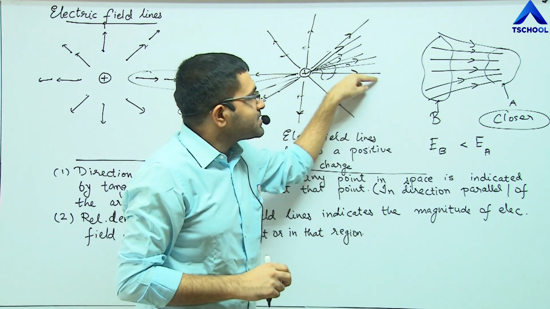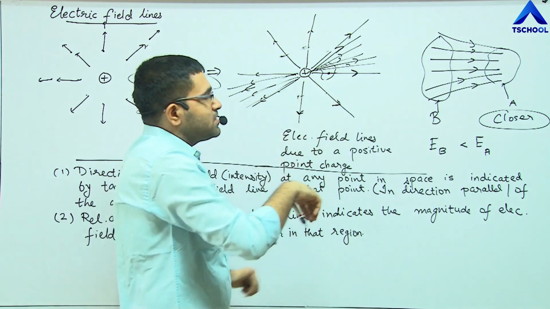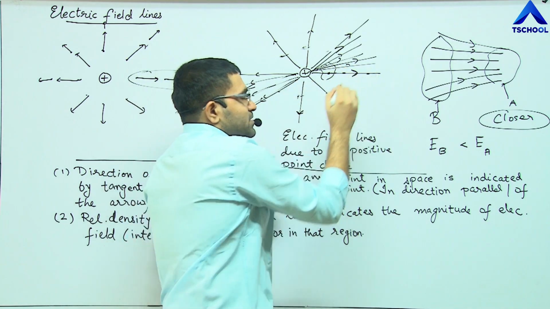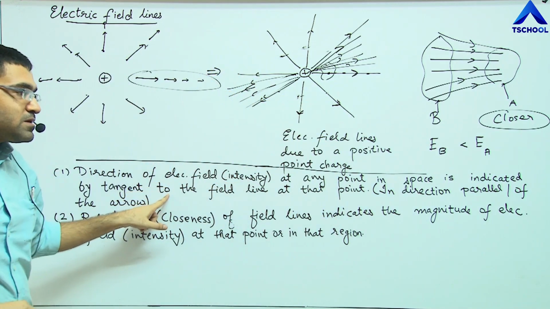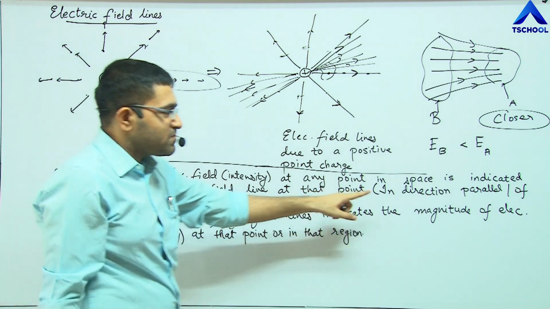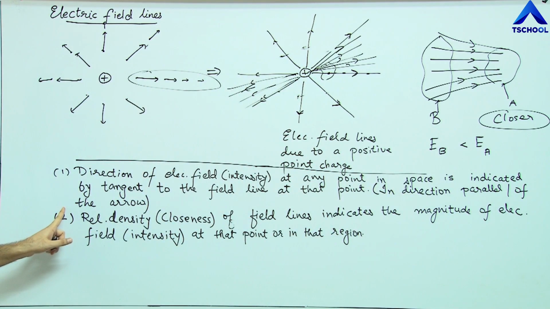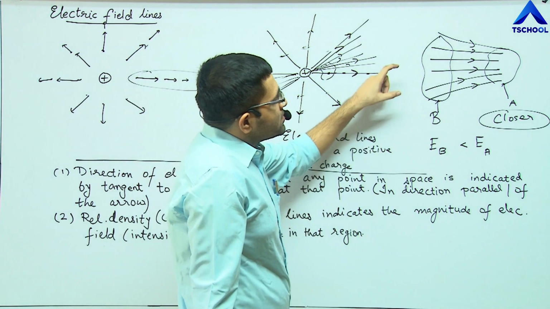So this field line indicates that the electric field at this point is towards the right side, at this point is towards the right side, at this point is again towards the right side because of the arrow. That's what this is indicating, right? Again, don't forget, in the direction of the arrow, right? So that's the first point.